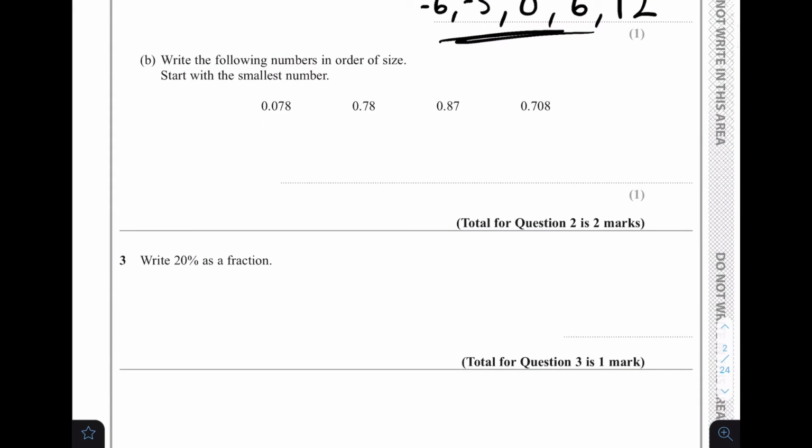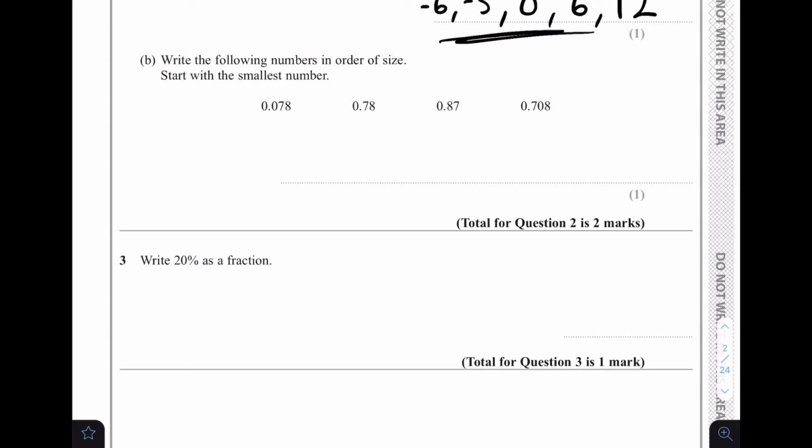Part B, write the following numbers in order of size. Start with the smallest number. So here we have some decimal points involved within each of the numbers, so this makes it a little bit more tricky, but hopefully you can see where the smallest numbers are by just looking at zeros that are placed right after decimal points. The smallest numbers here would be anything that doesn't have a 7 or 8 after the decimal point, which is what we have on the three numbers on the right here.